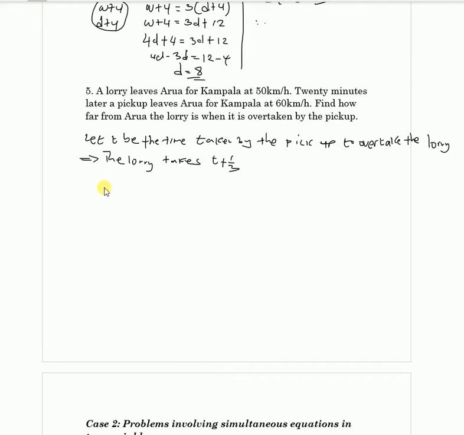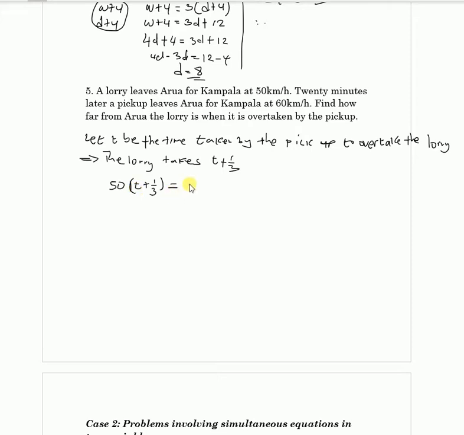And now we have that the same distance is traveled. What is the distance traveled by the lorry? It is 50 times its time, which is t plus 1/3. That's the distance covered by the lorry, the 20 minutes plus the time taken from the point when the pickup started to the point where it was overtaken.